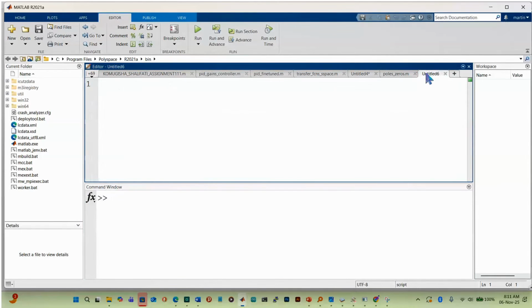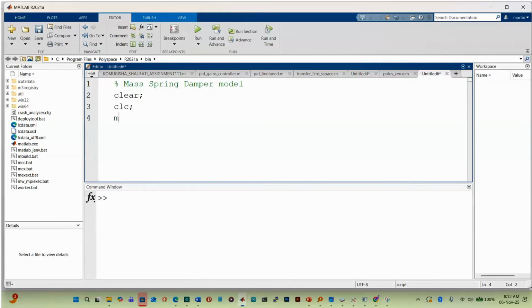So we start. This is called a mass spring damper model with the following. We first clear, and also clear the workspace and the command window so that our model produces reproducible results.